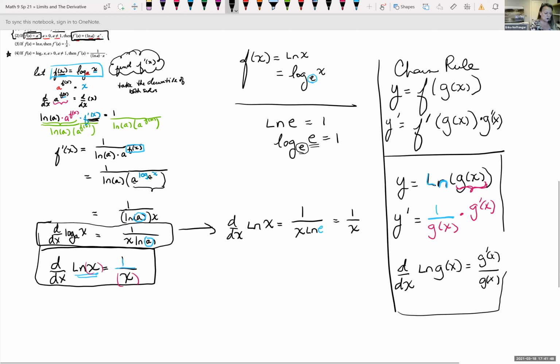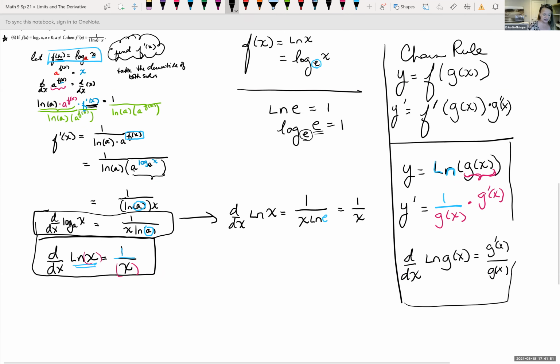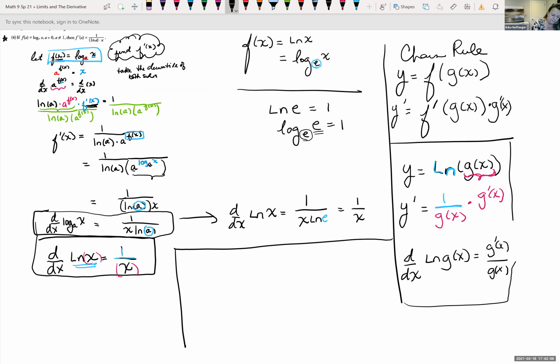We'll be using mostly natural logs and base e when we're dealing with exponentials, but there are times when we're using other bases. So let's just write, using the chain rule, let's do that same thing for log base a. So if we had y equals log base a of x, dy dx, the derivative of y, or y prime, different ways to write this.